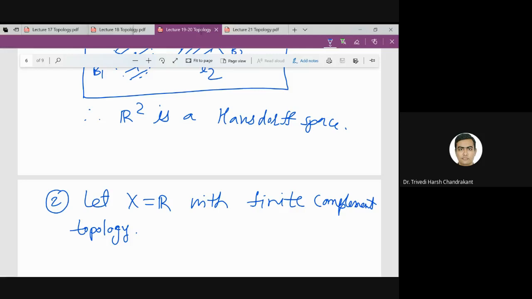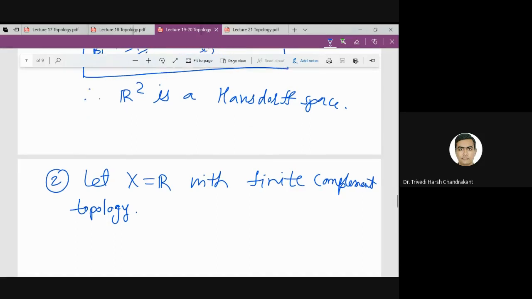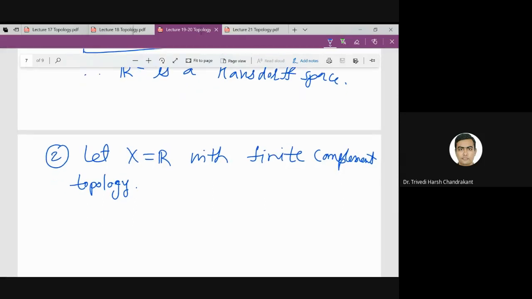The question is whether this is Hausdorff or not. I have already mentioned that I will show that this is not Hausdorff. Suppose I want to check whether it is Hausdorff or not. I have to fix some two points. You can take any points, but for simplicity, I'm taking 1 and 2.